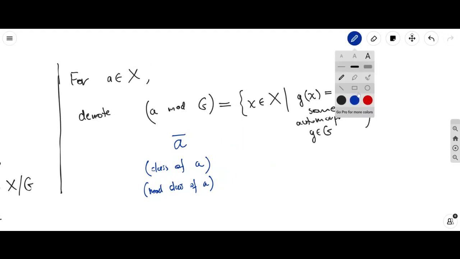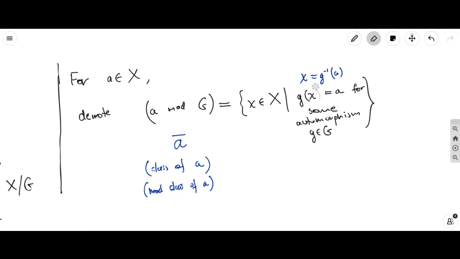If you want, you can also rewrite this a little bit differently. You can also solve for X. So you would say that X is equal to G inverse of A. Again, G is a homeomorphism, so it has an inverse. So you can also say that it is all of the elements that are translations of A. And of course, if G is in the automorphism group, then G inverse is in the automorphism group.